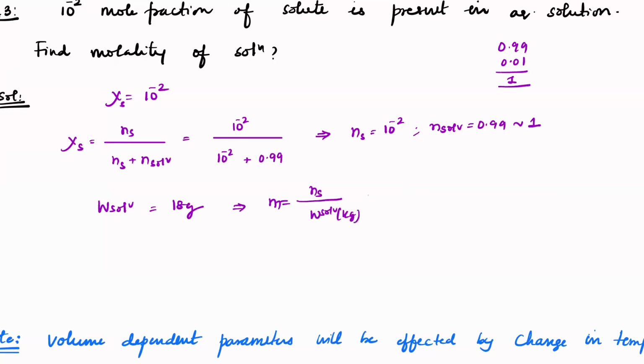So number of moles of solute is 10 raised to power of minus 2 upon weight of solvent, 18 grams, which I have to convert into kgs, that is 18 times 10 raised to power of minus 3. So molality is equal to 10 by 18, which is 0.55 molal.